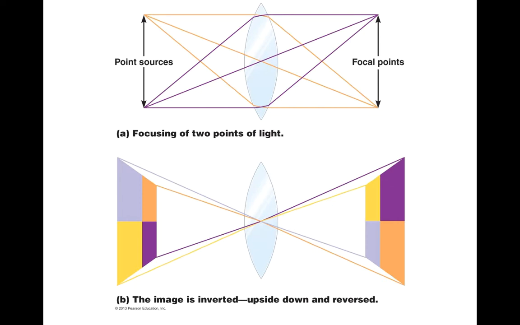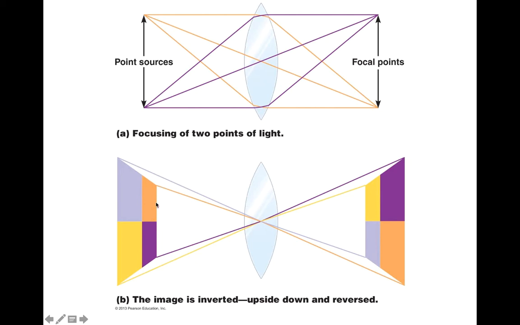So here you can kind of see this concept of how light travels. Here, this is the orange point of light and this is the purple point of light, but you can see that as it goes through a lens, orange is going to end up down here and purple is going to end up down here. And then here you can see the reverse aspect as well.